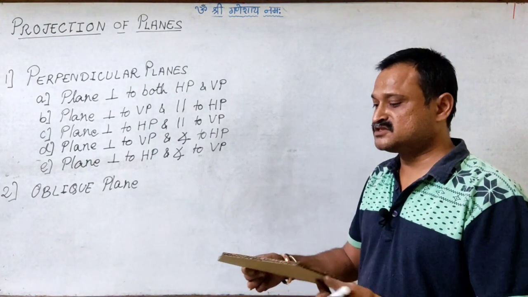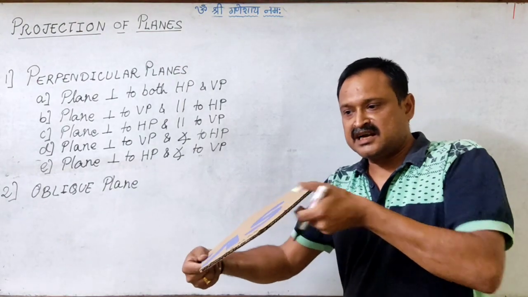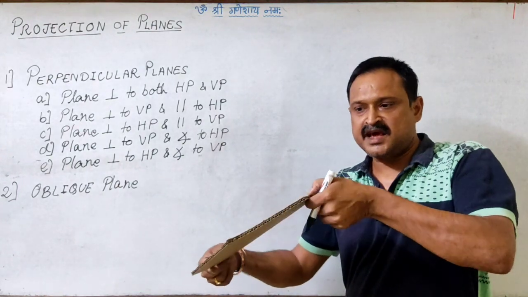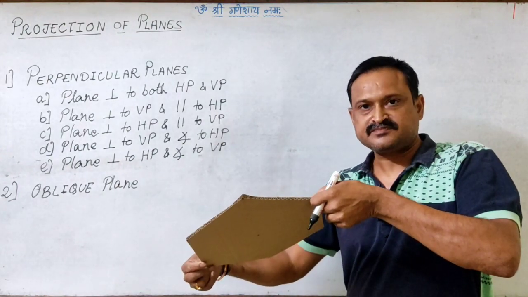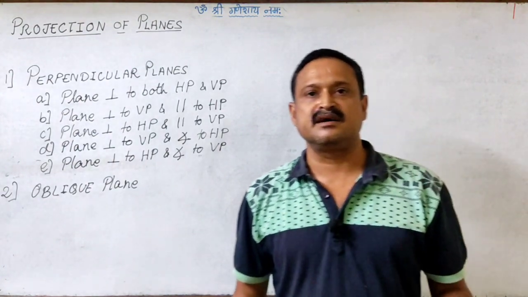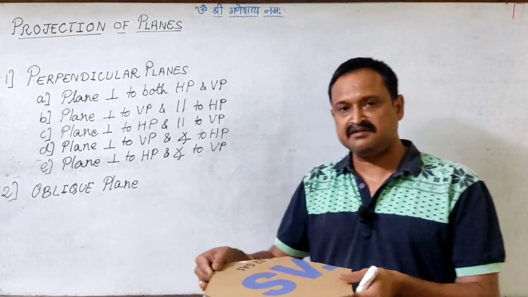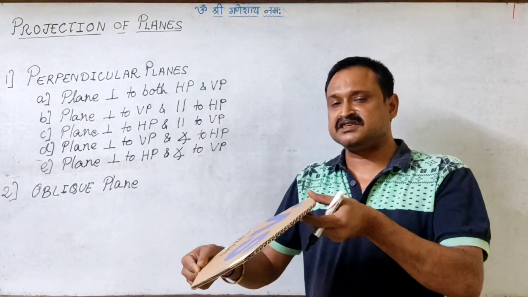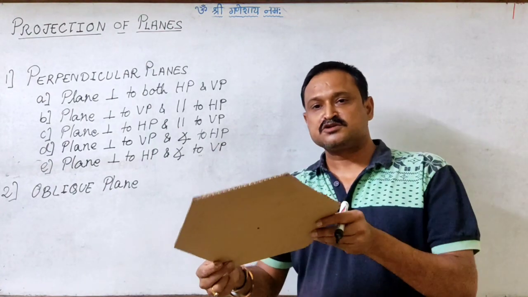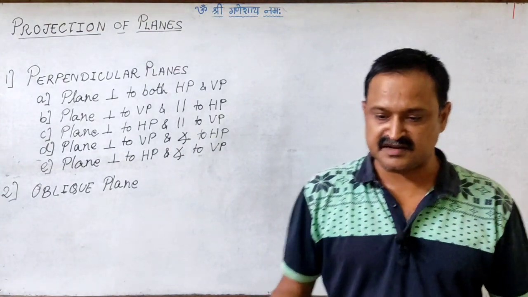So the plane is inclined to HP, fine, and it is inclined to VP as well, either this way or maybe this way, right? It will depend on what is the condition given to us in a given problem. So accordingly we will work out for the problem. So anyway, we can show it that it is inclined to HP and it is inclined to VP. So this condition of the plane is when it is inclined to both the reference planes.